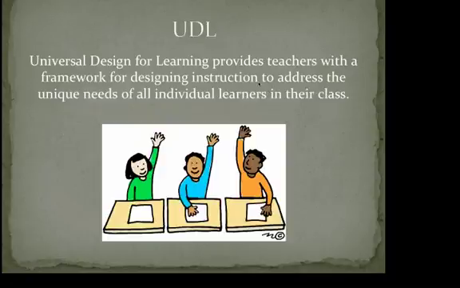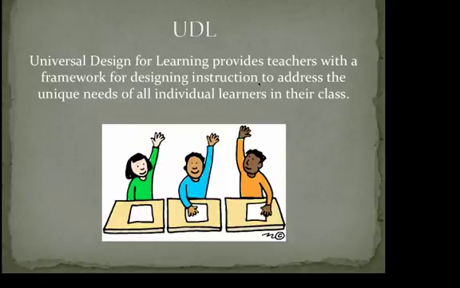Universal Design for Learning, or UDL, provides teachers with a framework for designing instruction to address the unique needs of all individual learners in their class. Oftentimes, instruction is planned, and afterwards, the students who do not perform in the average area are thought about.